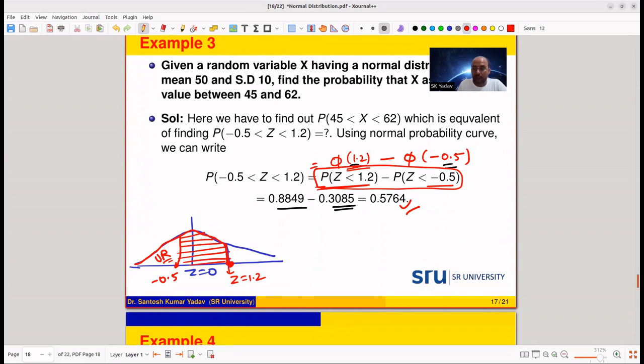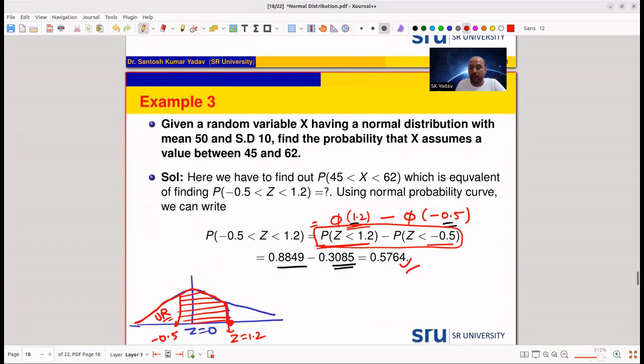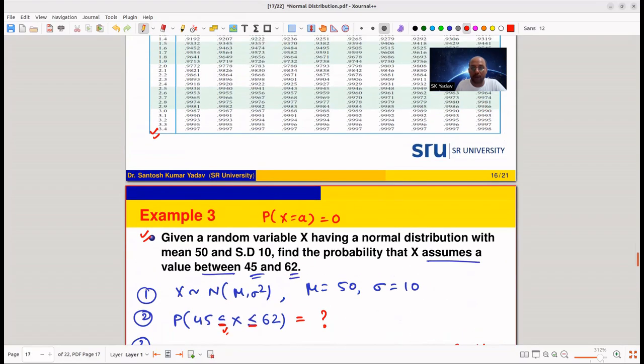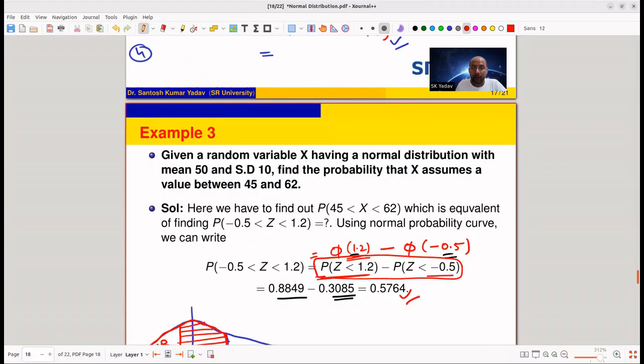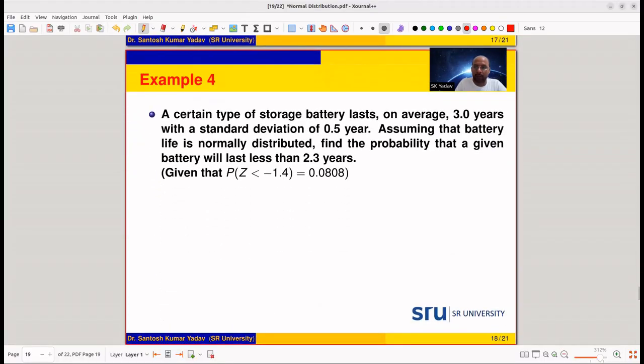So I hope you understand this normal distribution area property and how to check the tabular value from the table. And here I have listed some examples for you. You can try by yourself. So here is the fourth one, in which you have to compute the life of a battery, assumed to be normally distributed.